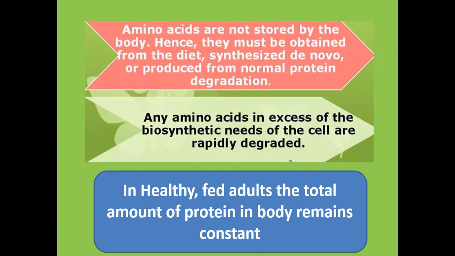Any amino acid in excess of the biosynthetic need of cells is rapidly degraded. In the healthy fed state, the total amount of protein in the body remains constant. That is, a person is in nitrogen balance.